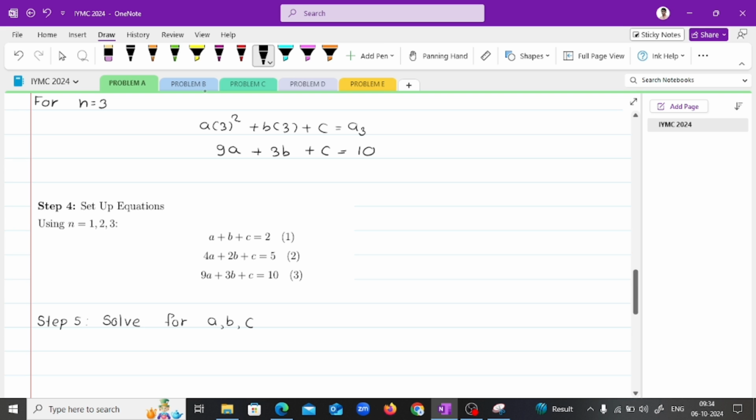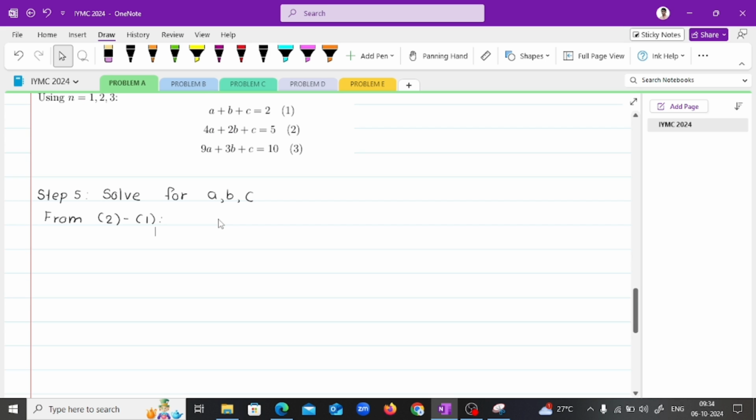So first I will subtract equation 1 from 2. If I subtract equation number 1 from 2, we will get 4a minus a is nothing but 3a. Then 2b minus b is nothing but b, and c minus c is equal to 0, and 5 minus 2 is equal to 3, which will be the RHS, and I will give number 4 to this equation.